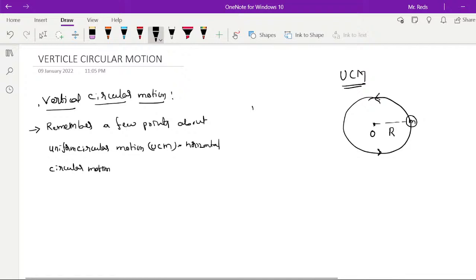The tangent drawn at a point gives the direction of velocity at that point, and the magnitude of this velocity is called speed. Speed is constant everywhere, whether you mark the points p, q, r, s or any points.